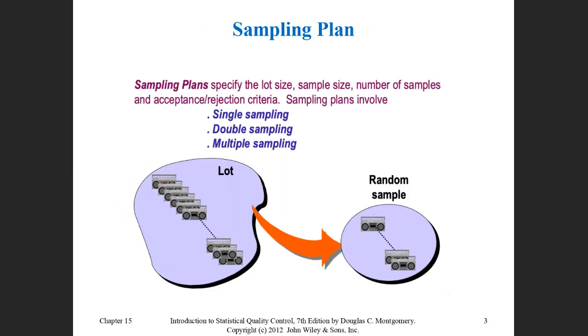Therefore, the sampling plan also has some terminology similar to the sample size and the number of samples we have used in the control charts. The sampling plans can be in one of three different forms: either a single sampling, double sampling, or multiple sampling.